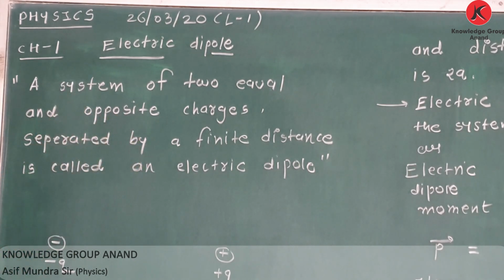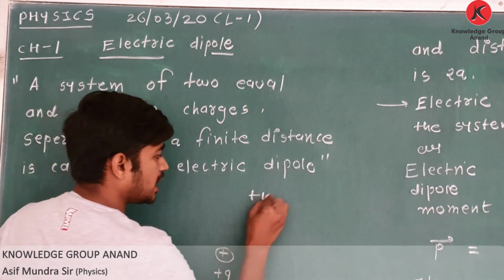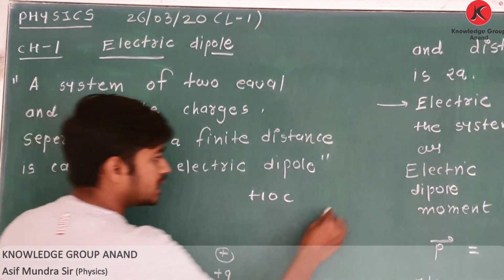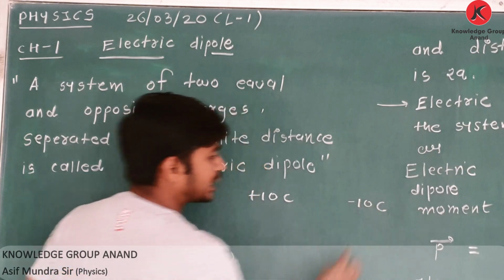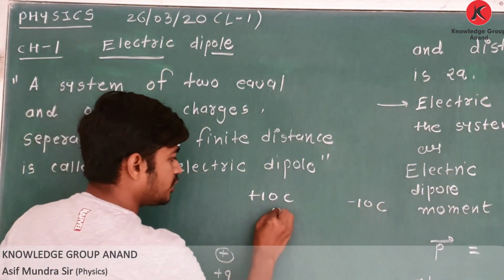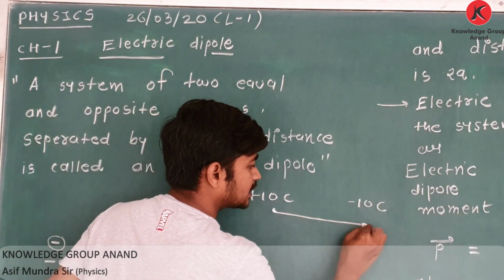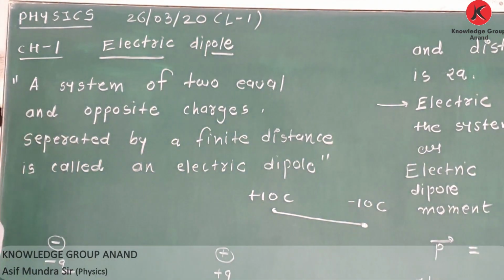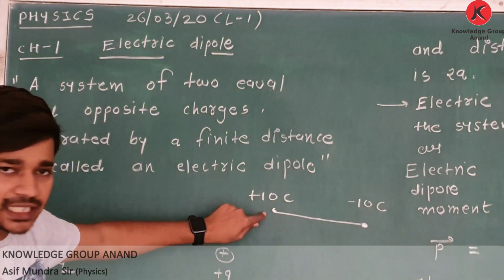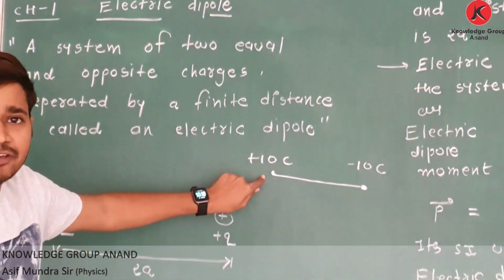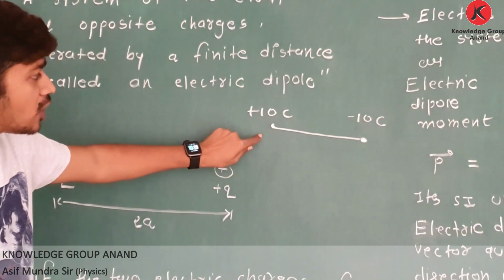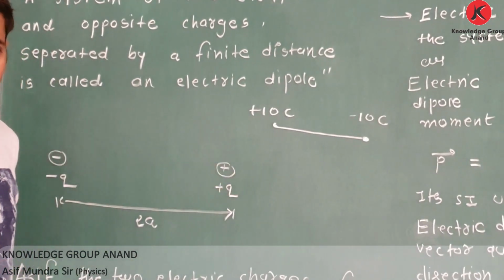If I have one charge plus 10 coulomb and another charge minus 10 coulomb, and they are separated by some finite distance, then these two charges form an electric dipole.